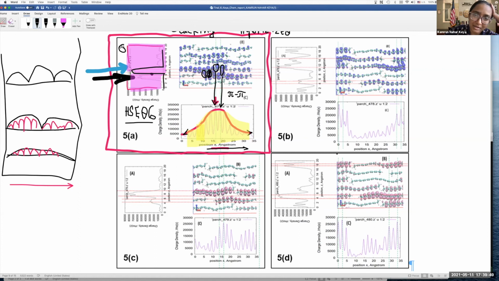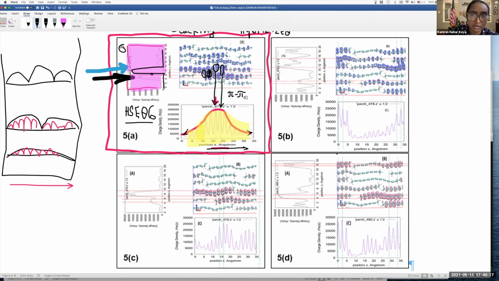And in the X position, from the isosurface, we are able to see peaks at the edge of both sides, and there is a highest peak like this. Like at 0, not 0 or 1, in the X position, and the charge density is more than 25,000.